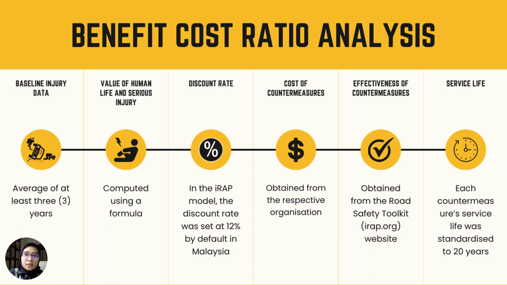There are 6 data points needed to calculate BCR. First, baseline injury data, where an average of at least 3 years of data is needed. Secondly, the value of human life and serious injuries, which is computed using a formula. Thirdly, the discount rate, where in the iRAP model, the discount rate is set at 12% by default in Malaysia.